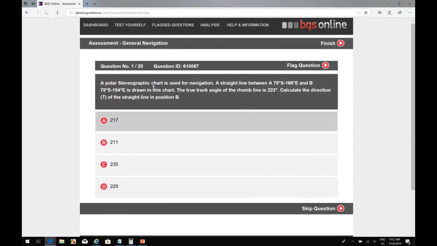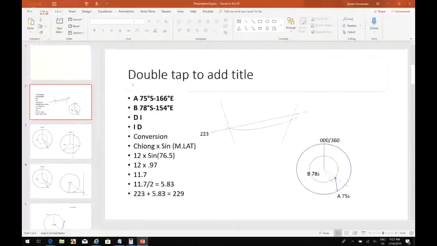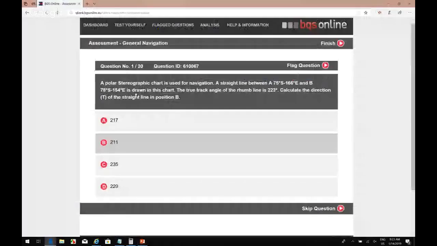So going from the outside inwards, from 166, which is going to be lower down, going upwards and inwards, 154. We had another thing open about that before. Yeah, here we go. 166 to 154. Anyhow, the true track angle of the run line is 223.